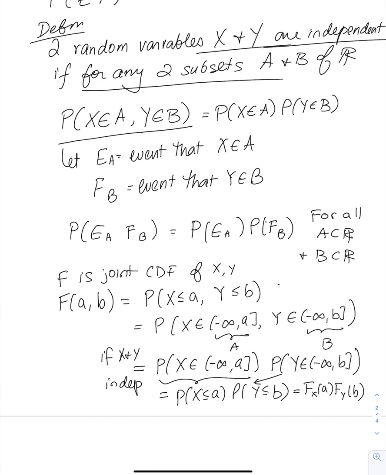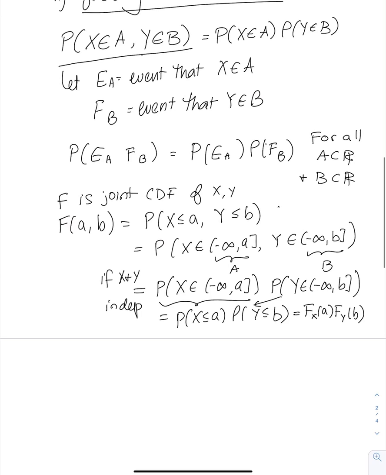When X and Y are independent, you have that F of A, B is equal to F sub X of A times F sub Y of B. And you can say that if this holds, then X and Y are independent. You can think of this as a definition in terms of the joint distribution function.